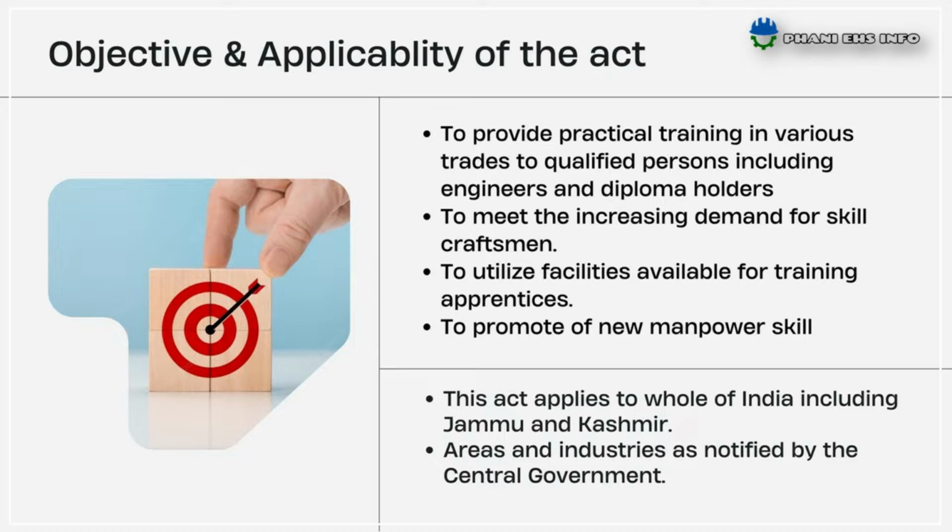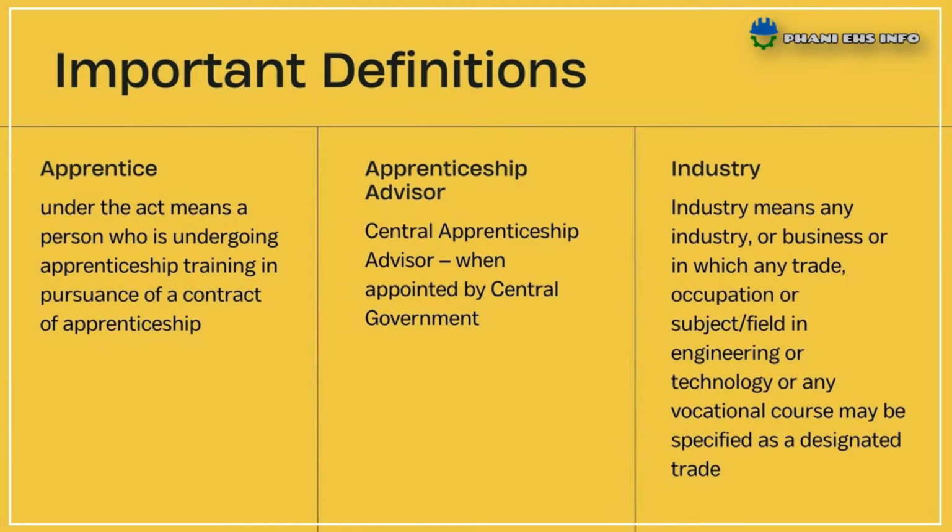Application of the Act. This Act applies to the whole of India, including Jammu and Kashmir, in areas and industries as notified by the central government. Important definitions. Apprentice under the Act means a person who is undergoing apprenticeship training in pursuance of a contract of apprenticeship.